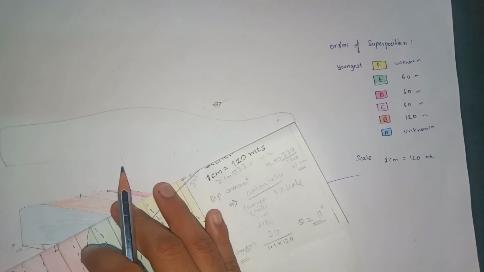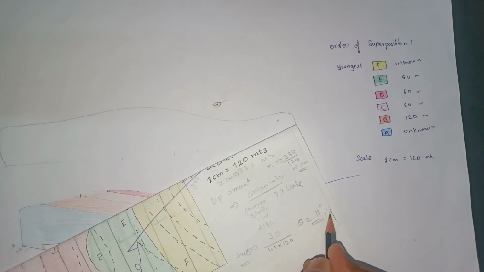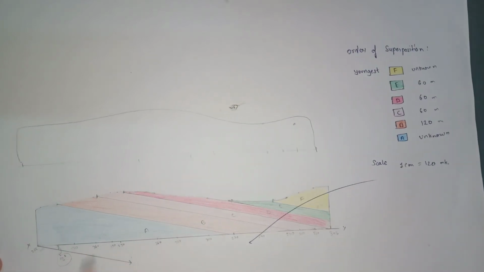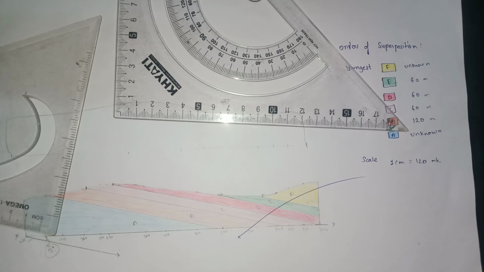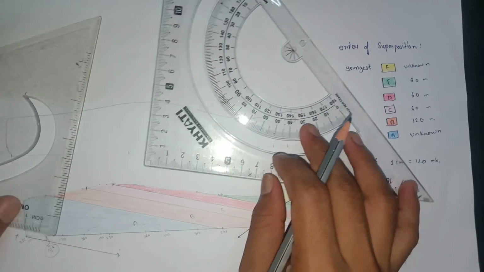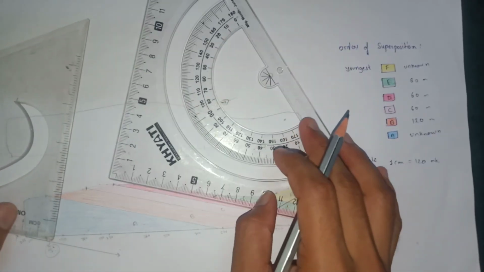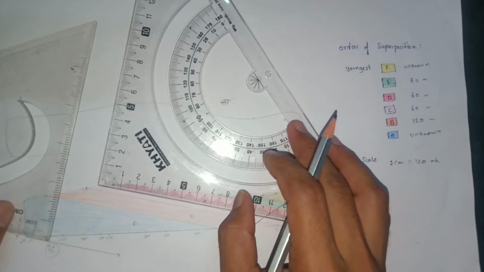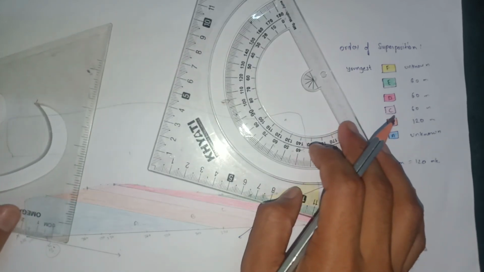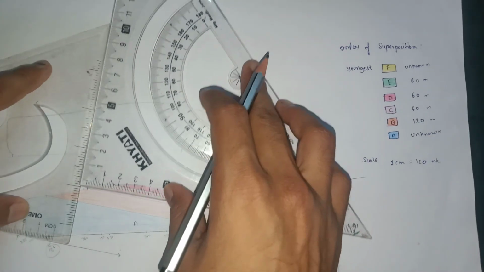I had written it wrong here, it is 11, but here it is 13 degrees. Okay, now take a protractor and mark 13 degrees from here. Then use a set square to draw parallel lines like this. Put the set square in such a way that you can make parallel beds continuously.